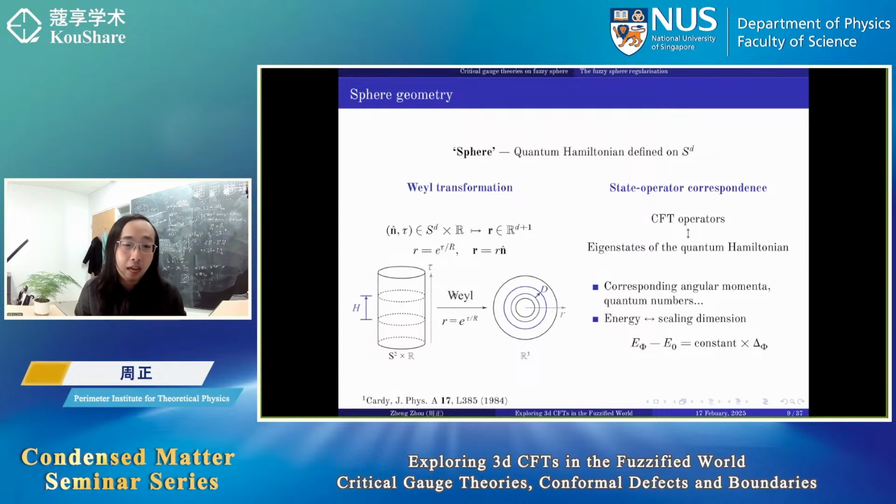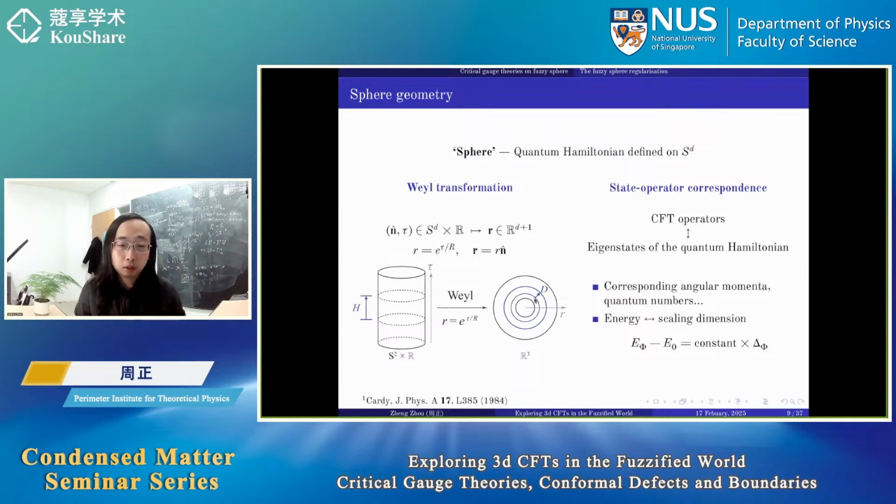That is to say, through a conformal transformation called the Weyl transformation, it can be transformed into a flat spacetime. Each time slice in the cylinder is transformed into a concentric sphere.